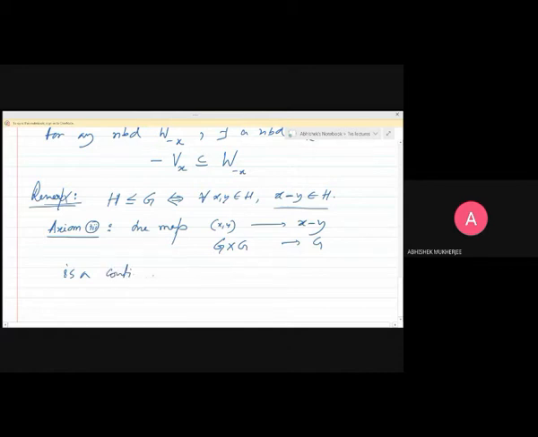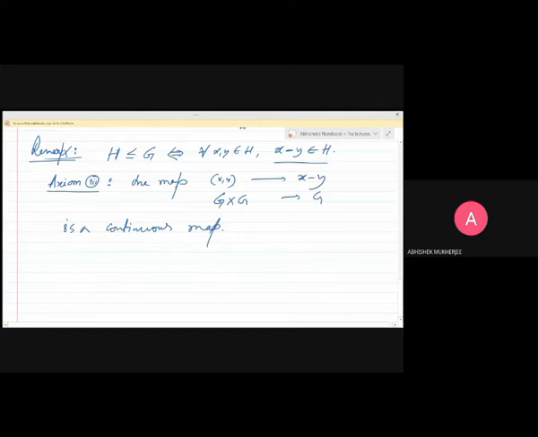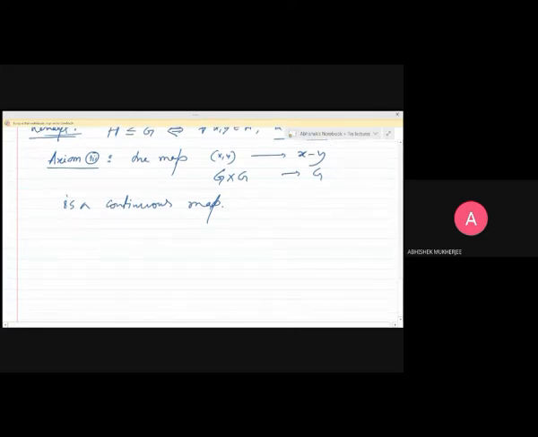I'm just going to write the statement of the axiom. Now can we show that axiom 3 implies both axiom 1 and axiom 2?